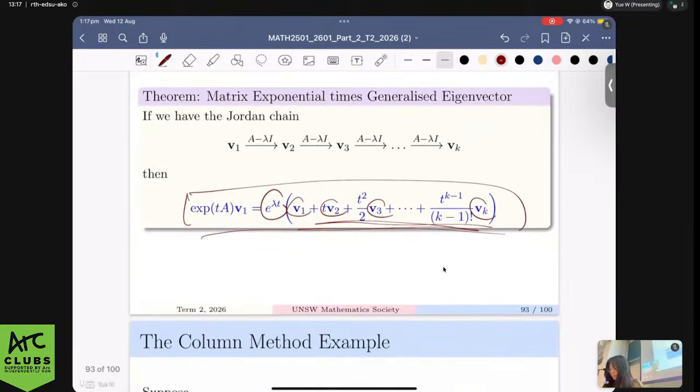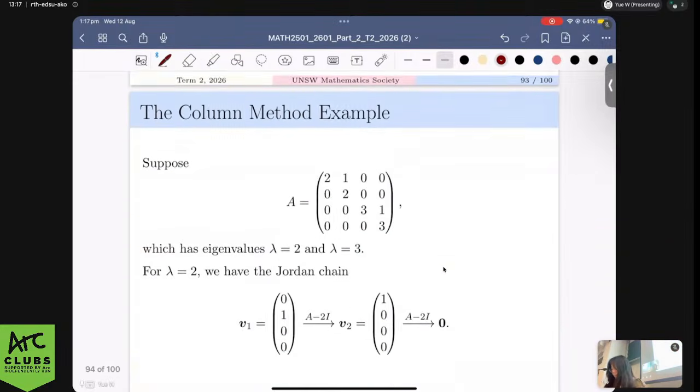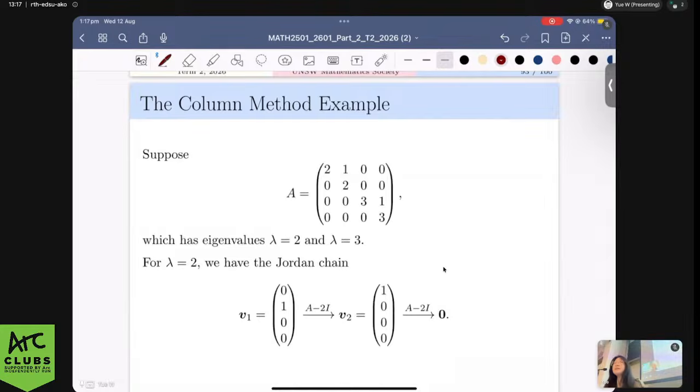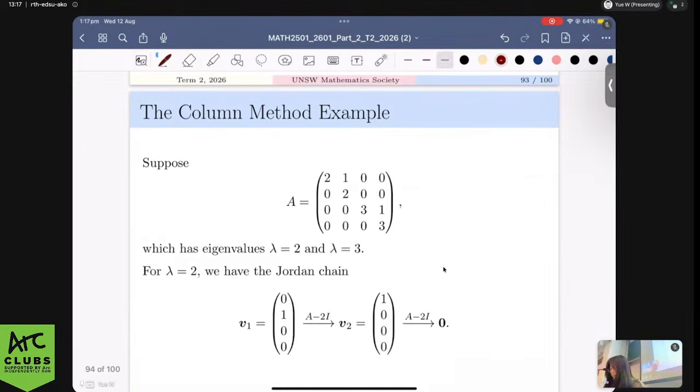Okay, so this is just an example. If we consider our matrix A here, which has Jordan blocks J2 of 2 and J2 of 3, so lambda values corresponding to 2 and 3.